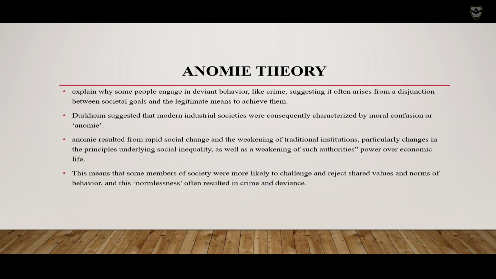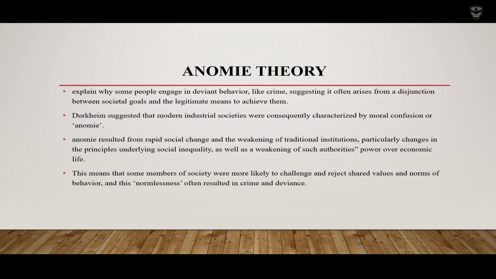We all know there are a set of societal goals that everyone expects us to do, but not everyone is able to achieve that through a legitimate means. So that leads to a concept of normlessness or a conflict that happens between these two, the expected goals as well as the ways to achieve that through legitimate means. This results in the concept of anomie.